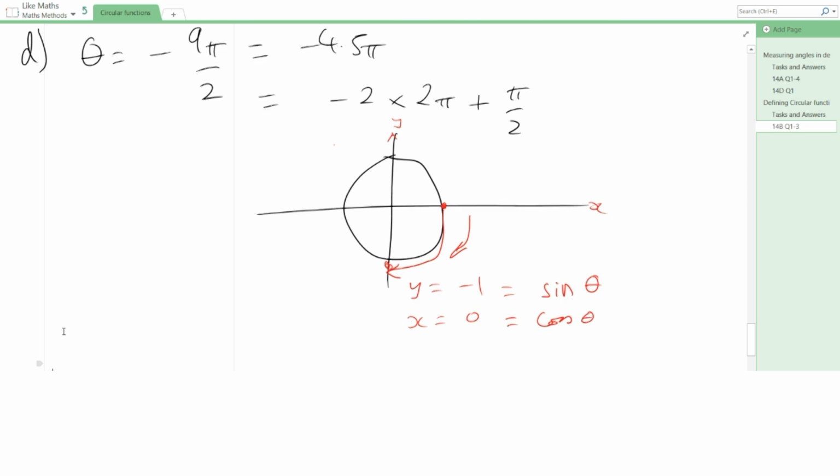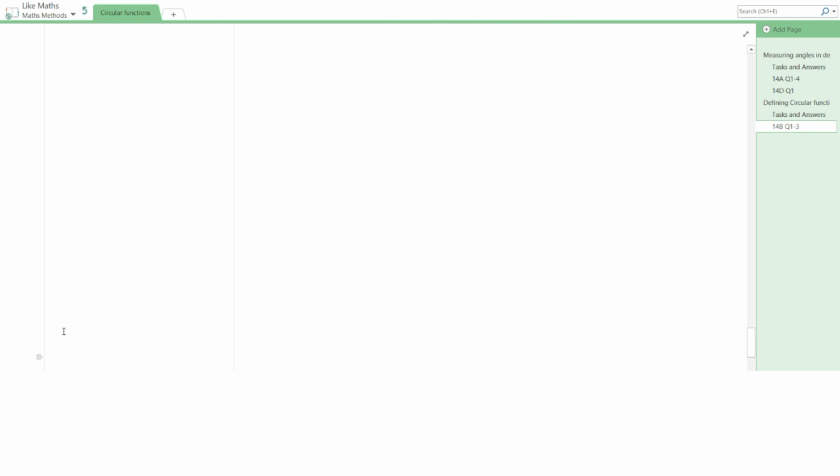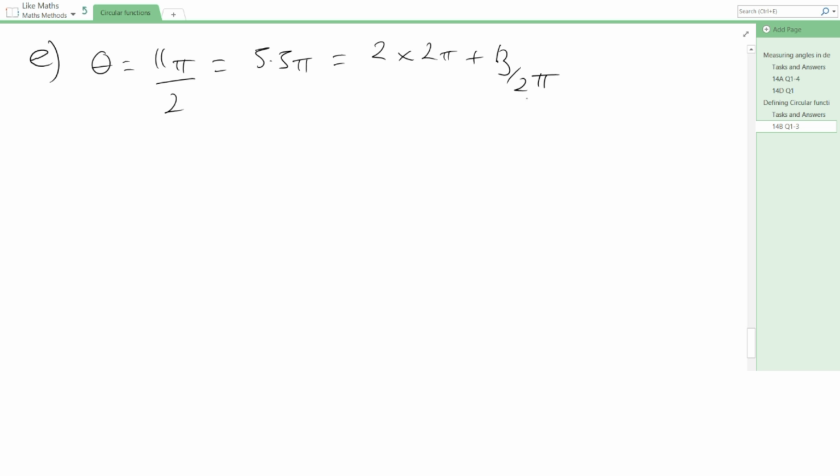Right, on to scrolling down, E. So this time theta is 11 pi over 2, which is 5.5 pi radians. We could also write that as 2 times 2 pi plus 3 over 2 pi. So in the unit circle, you go around twice.